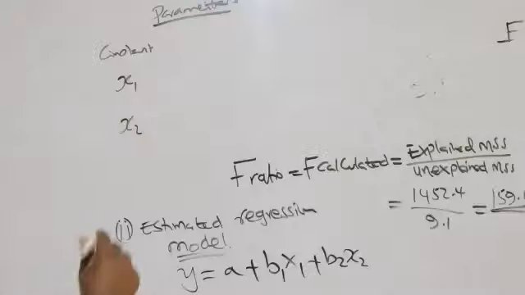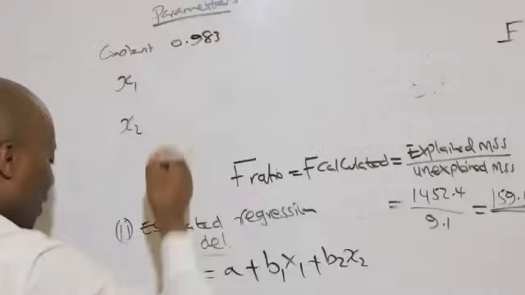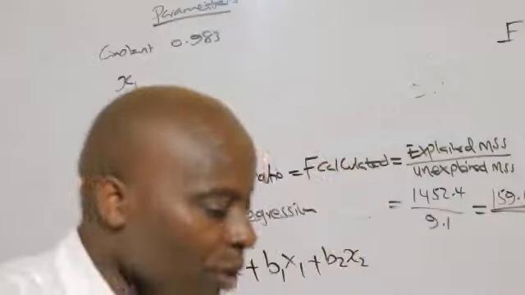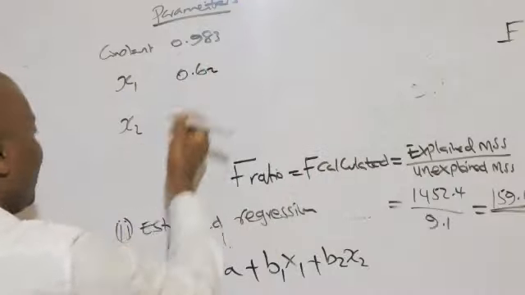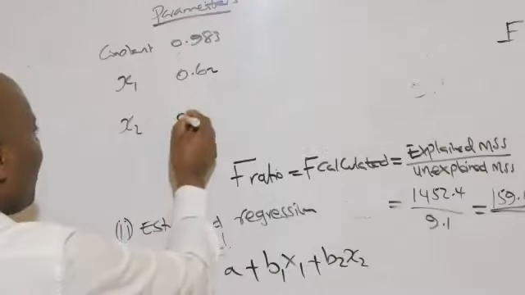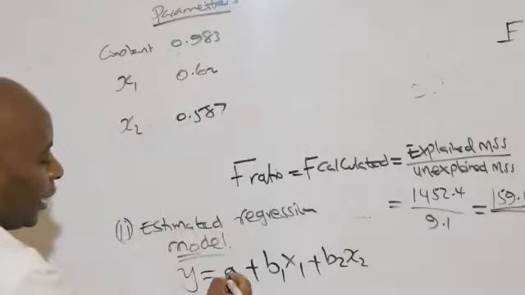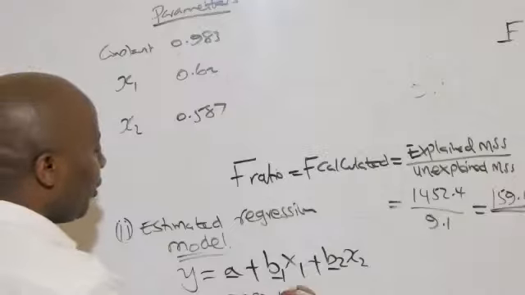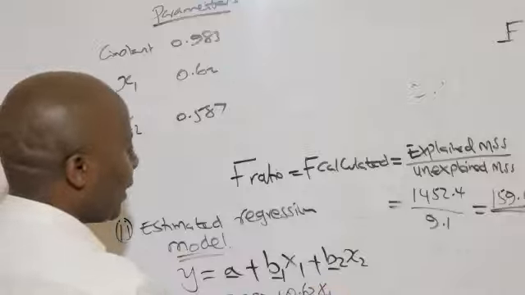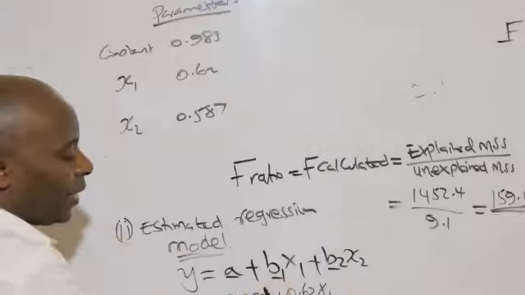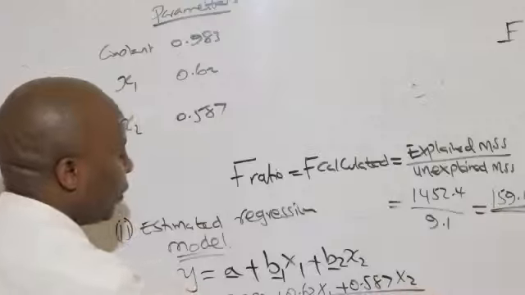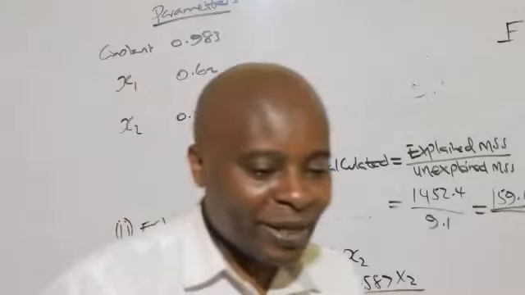The constant parameter is 0.983, the x1 parameter is 0.62, and the x2 parameter is 0.587. So these are the regression parameters. Our y will be equal to 0.983 plus 0.62 x1 plus 0.587 x2, and then you double underline it. You get all the marks.